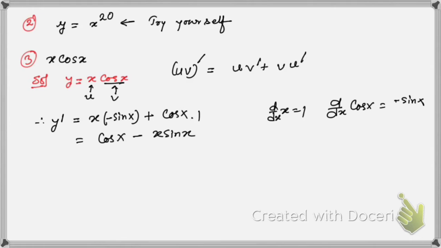We have got this. Now differentiate it again in order to get the second order derivative with respect to x. The derivative of cos x is minus sin x, so put minus sin x here. Then consider x as u and sin x as v and apply the product rule.